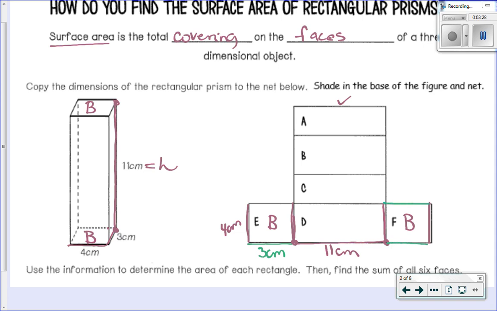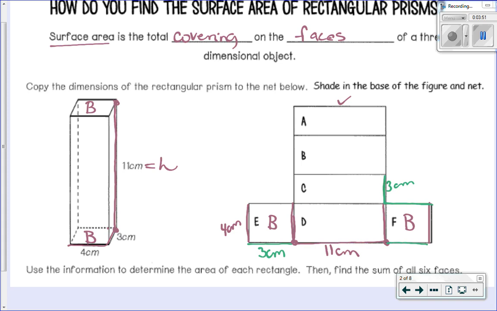If this is 3 centimeters, what is this? 3 centimeters. Okay, now when I fold it, see this corner right here? They fold and they meet up. So this is also 3 centimeters. Are we good? Okay, so when I fold it, and that meets up, this is going to go where? Here. You see how it's different?